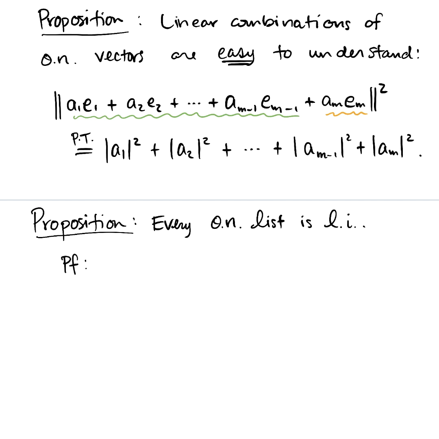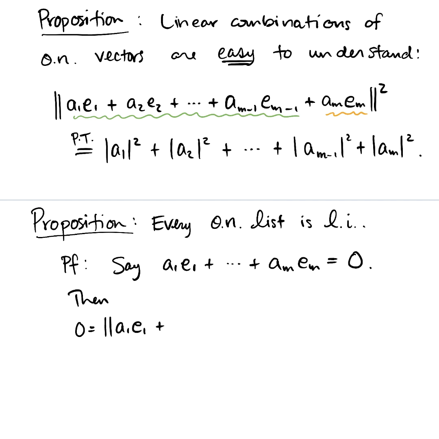Proof. Say you had a linear combination of an orthonormal list come out to 0. Okay, well hang on then. Then 0 would be the square of the norm of that linear combination.